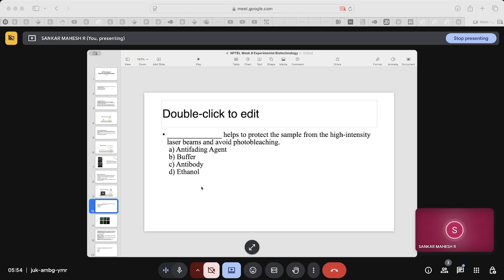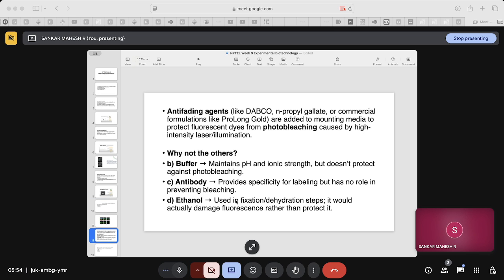Like, for example, in Western blots, you have your secondary antibody linked to an enzyme that would produce a product which is fluorescent. So that also has no role. Whereas your ethanol is used in fixation or dehydration. So that would not normally be helpful in preventing this bleaching.